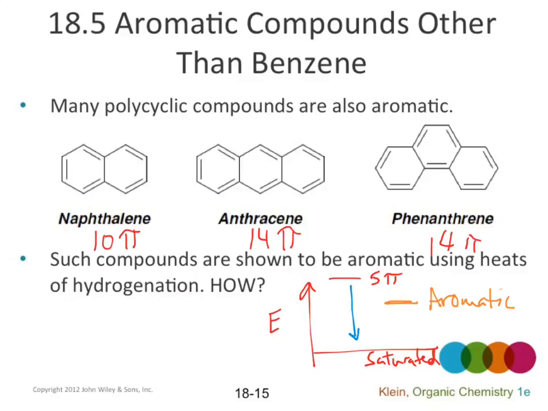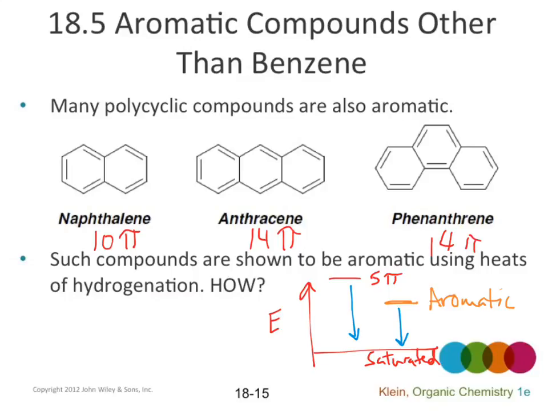If we now look at our heat of hydrogenation, what happened to it if it was aromatic? Bigger or smaller? Which arrow? Smaller arrow, which means less exothermic. There's less of a difference between your starting material energy and your final material, or your product. Kind of make sense? So that's what's going on with the heat of hydrogenation.